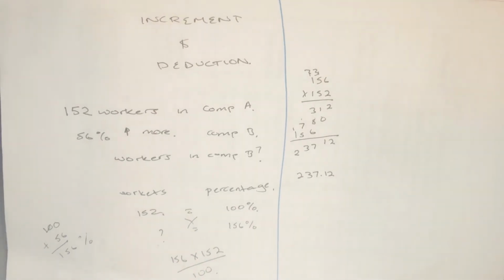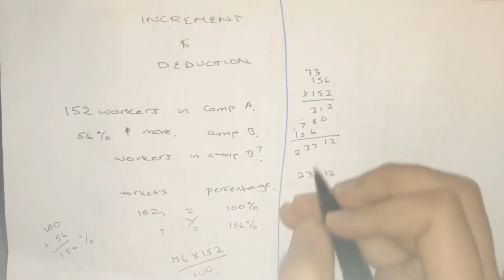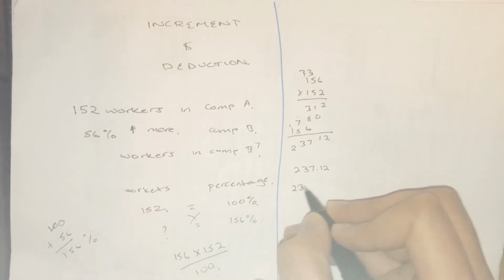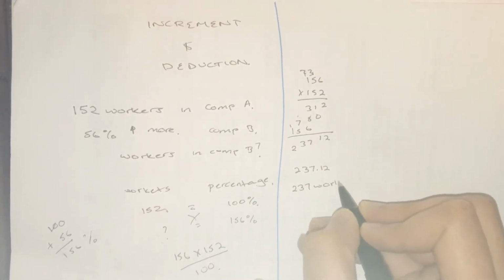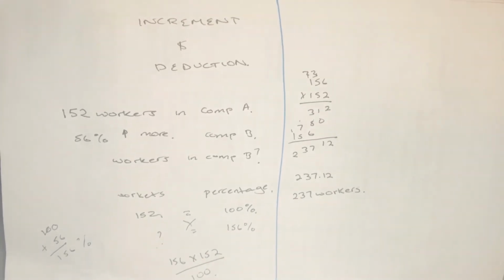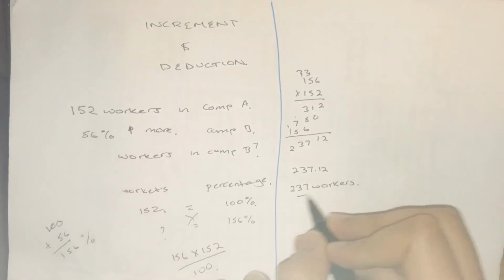But obviously, you cannot have a fraction of a worker, so you write the nearest whole number. So that is 237 workers. So this is your answer.